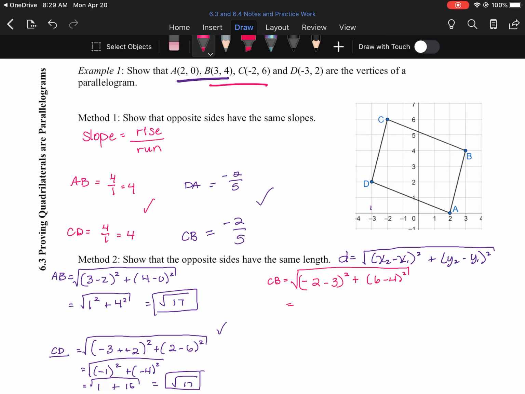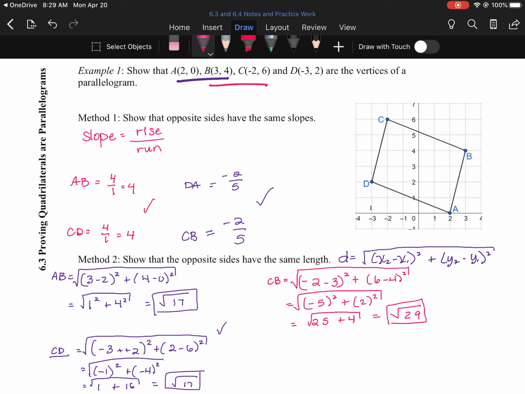So I'm going to get negative 5 squared plus 2 squared. All right, so we get 25 plus 4, and we end up getting the square root of 29. Now, that's not the same length as the other two, but that's okay, because we're not trying to prove that it's a square, we're trying to prove that it's a parallelogram.